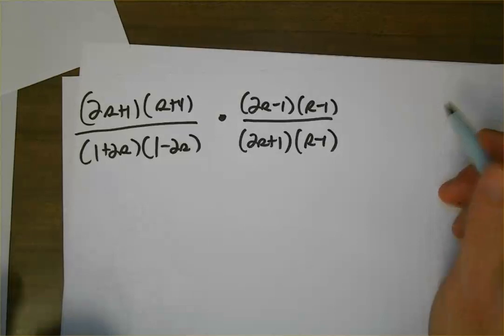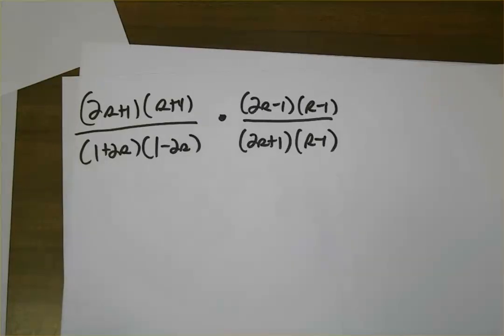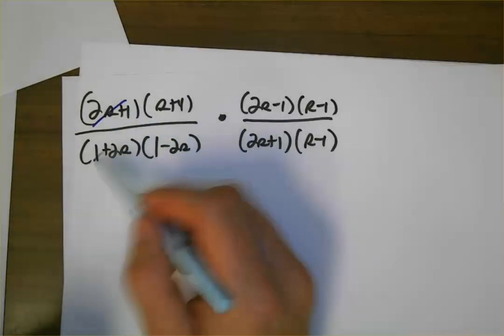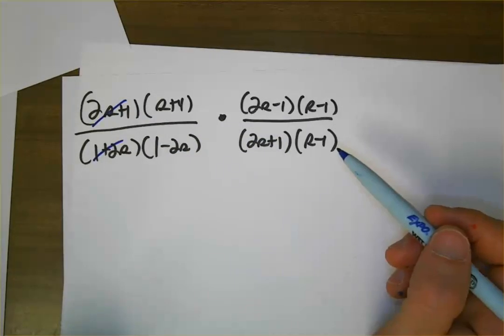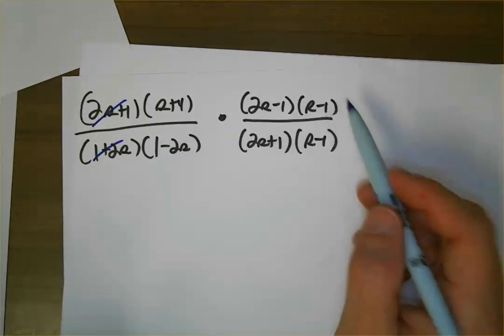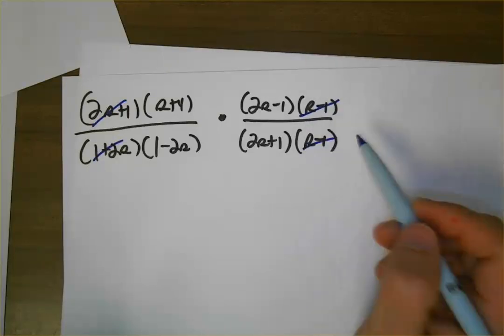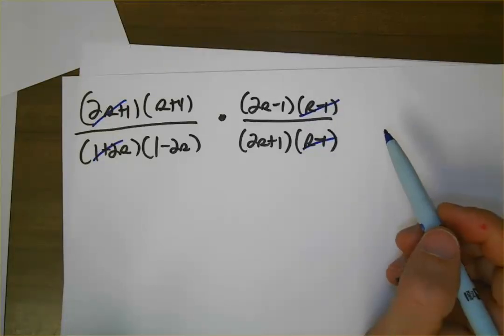Now you're going to look for your cancellation. 2s plus 1 and 2s plus 1, there's that, and also s minus 1 is right there.